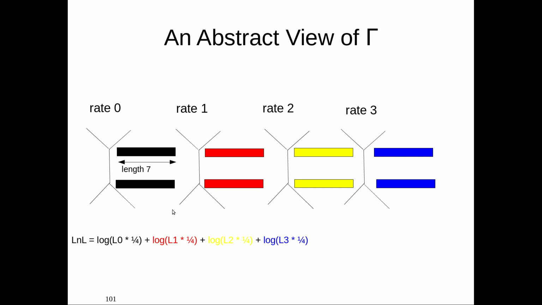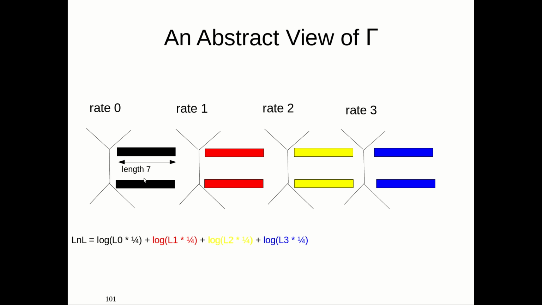And so here's an abstract view of this gamma function. Typically, if we use 4 discrete rates, which is the default case in most programs, then basically we need to calculate the likelihood or fill in conditional likelihood vectors in our tree for each single one of those 4 discrete rates, and then the overall likelihood is just an average over the likelihoods over the rates, right?